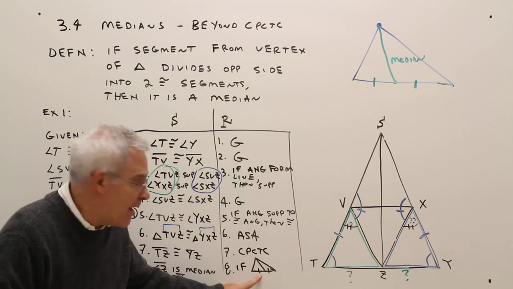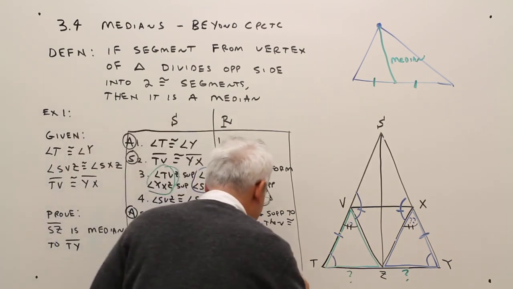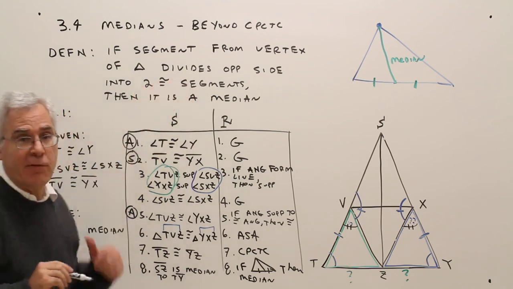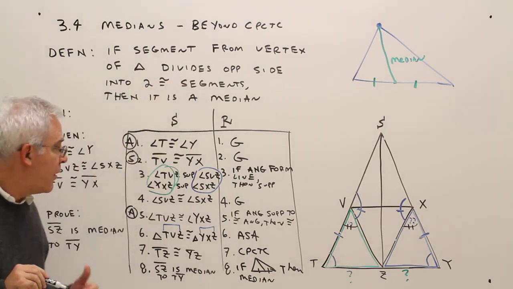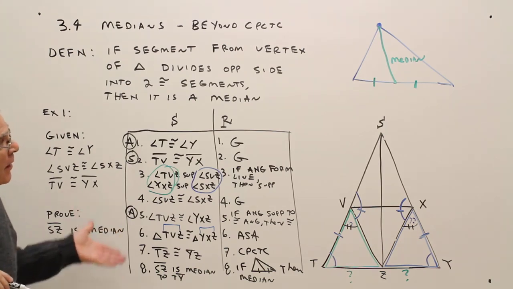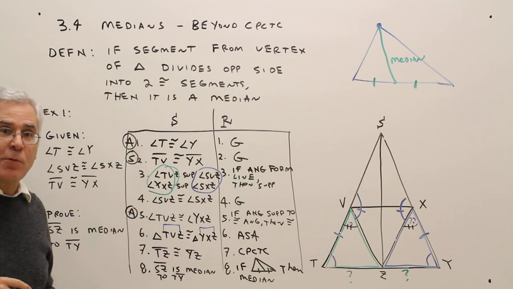If you draw the median thing, so if I get those 2 congruent segments there, then we're a median. Or if you choose, you could write all those words out. So there you have it. The definition of a median, a picture of a median, and a proof trying to establish that we have a median.